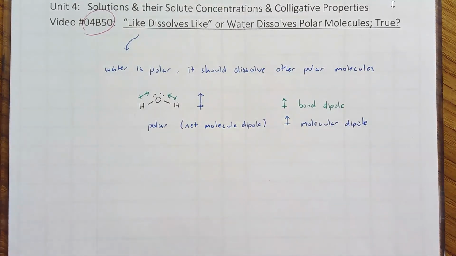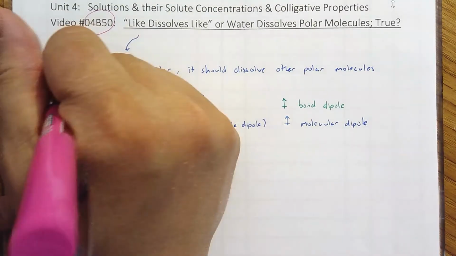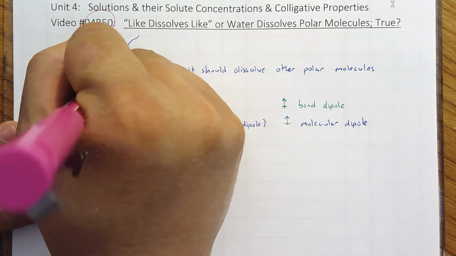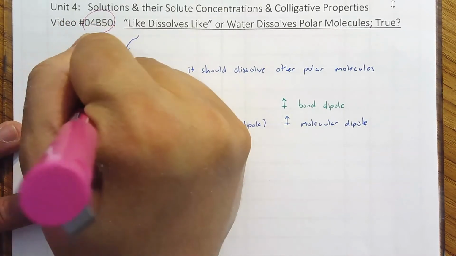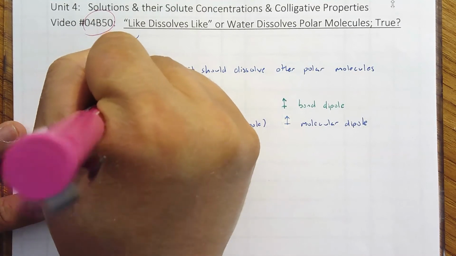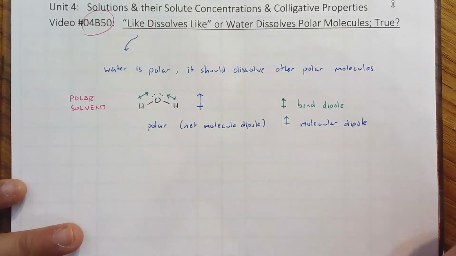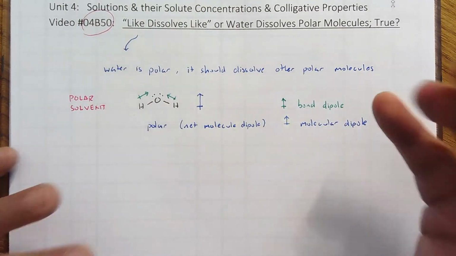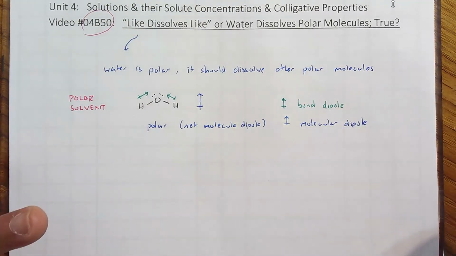Our conclusion is this is a good polar solvent. The plan is to give you a couple of polar solvents, a couple of nonpolar solvents, and then start throwing stuff into them and see whether it dissolves or not.